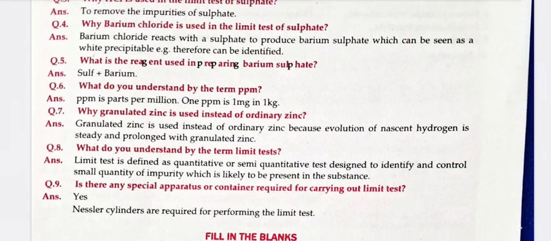Next, why is granulated zinc used instead of ordinary zinc? Granulated zinc is used instead of ordinary zinc because evolution of nascent hydrogen is steady and prolonged, and this is to be marked or noted. The same we had discussed with arsenic, where granulated zinc is used.